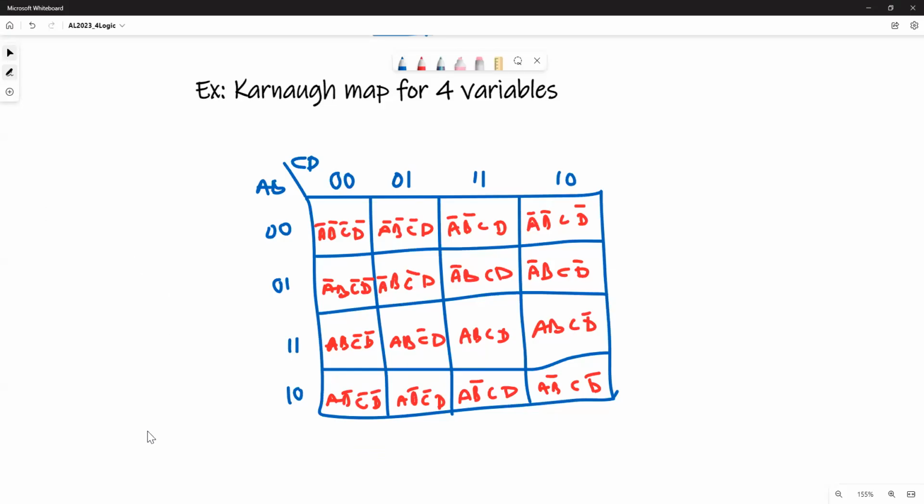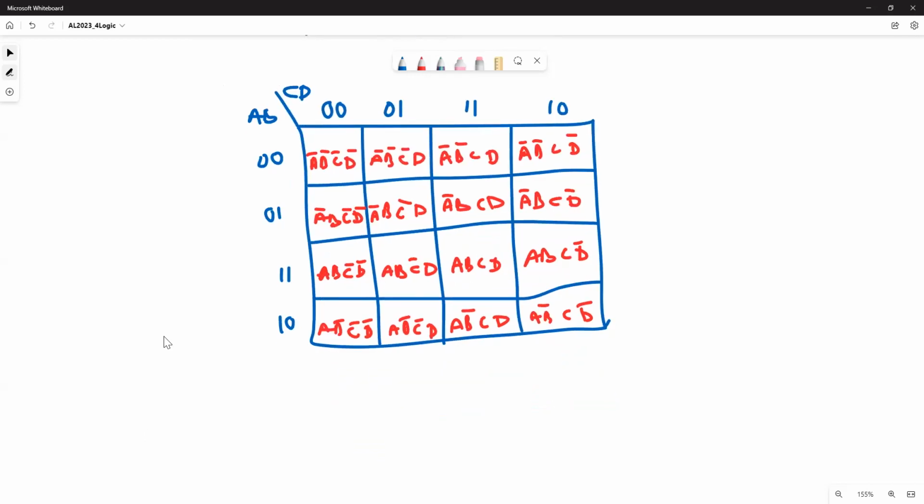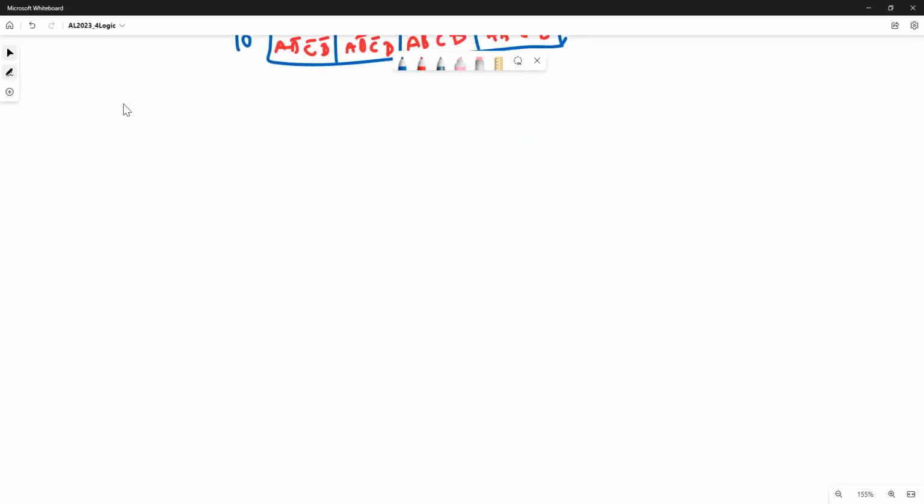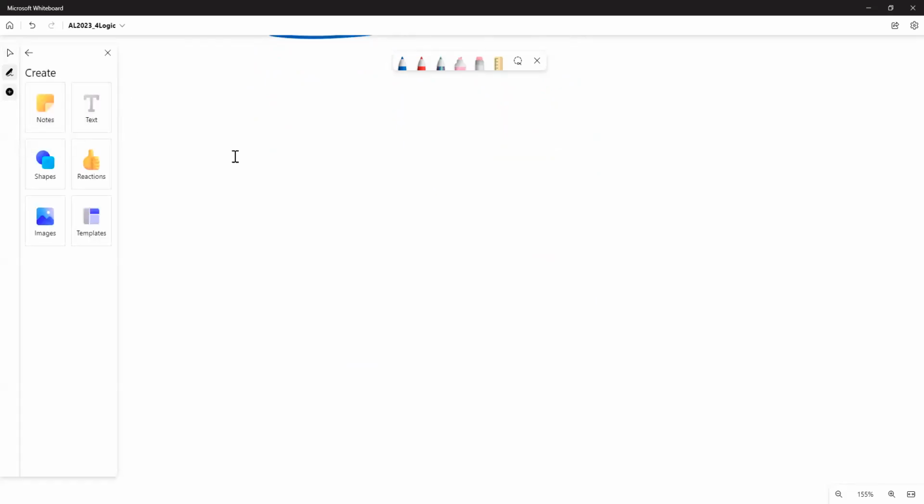So the next step is, let's learn how to populate this Karnaugh map given a Boolean expression, right? So that's what we are going to do. So the next topic is a subtopic.